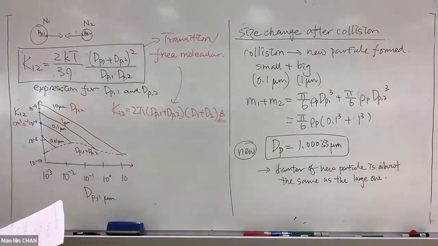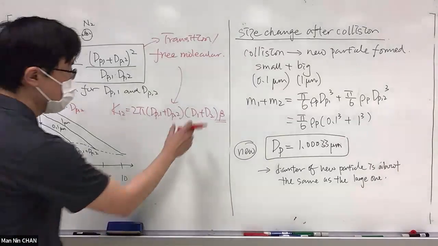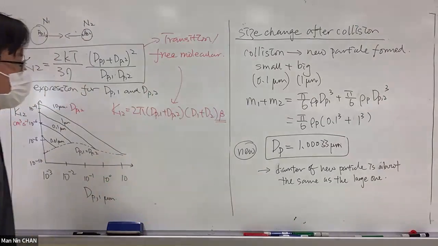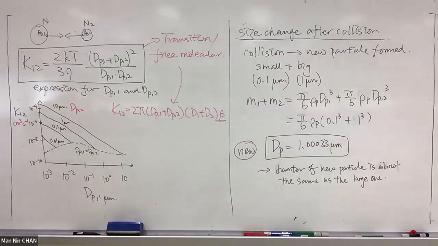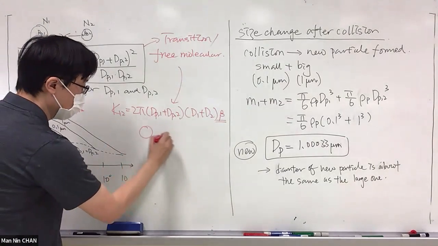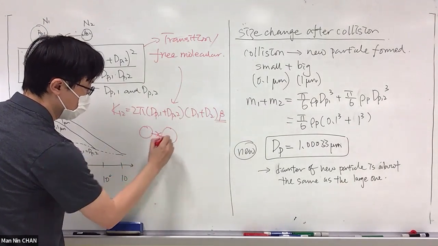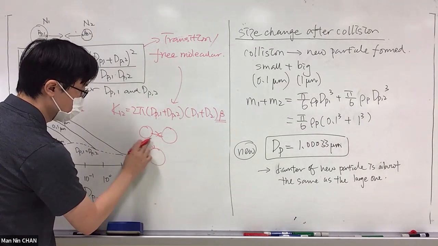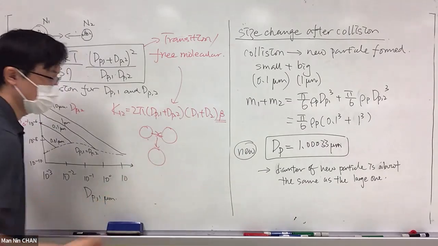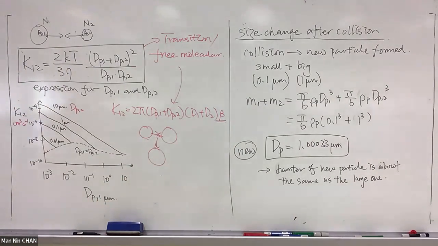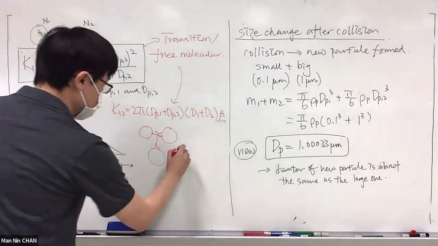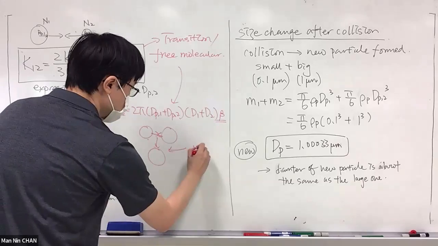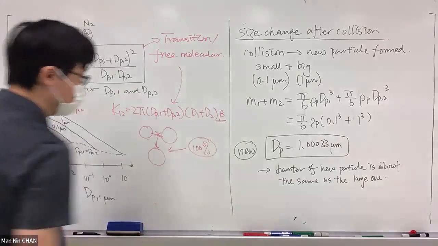The only thing I want to highlight is, when you go to the free molecular regime or the kinetic regime, when we talk about collision, you just assume they stick together. You can argue the sticking coefficient, the probability, is equal to 1, a probability of 100%, so they will just stick together.